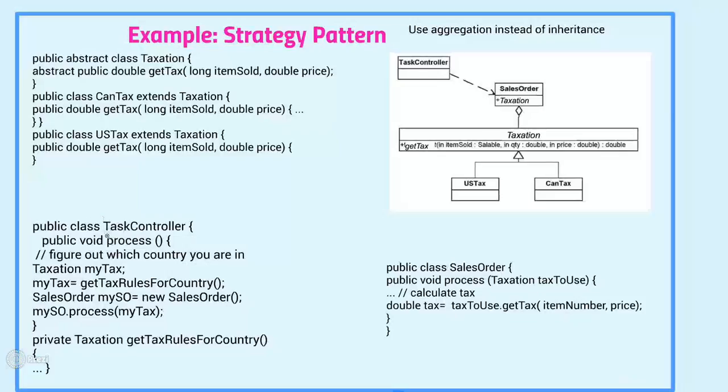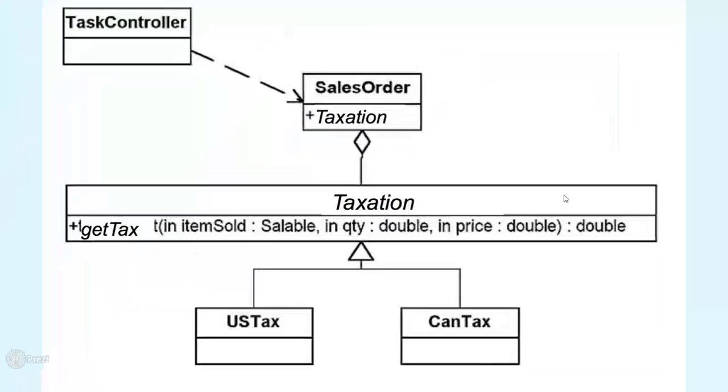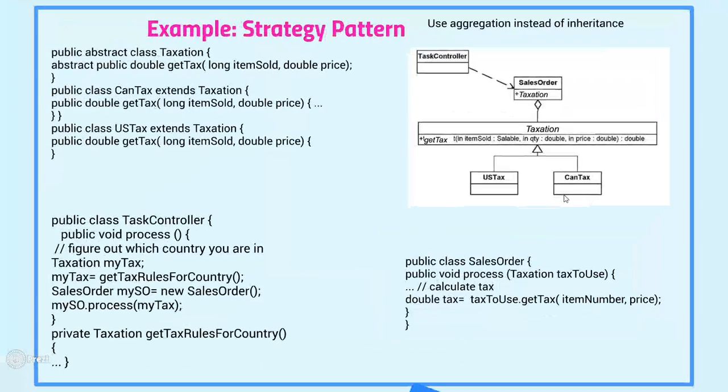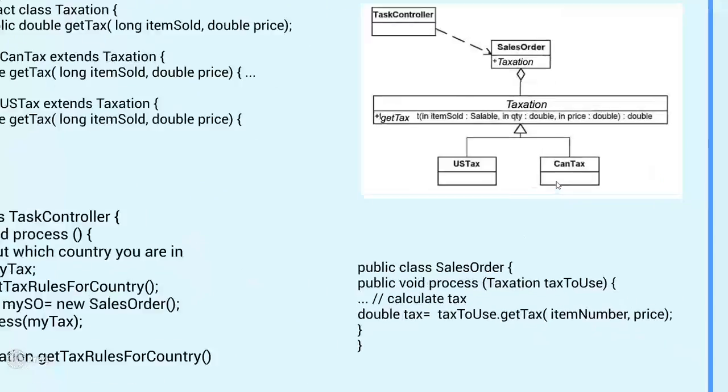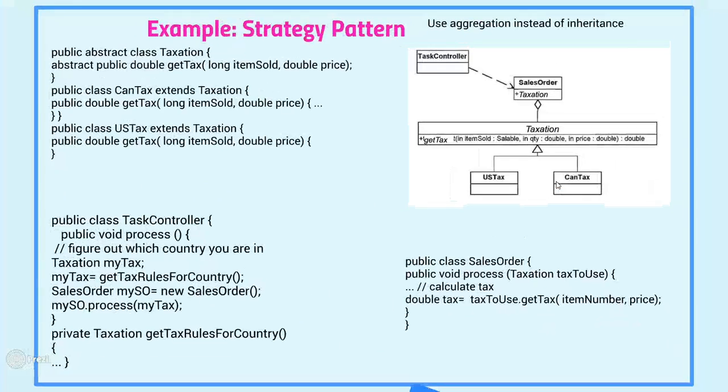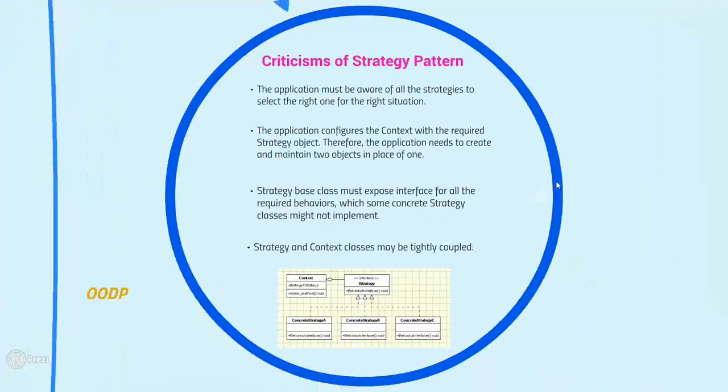In this class we will create two objects, one for taxation and one for sales order, in order to choose which kind of tax we are using, which of these concrete child classes we are using. So as you see, we prefer aggregation instead of inheritance in this strategy.